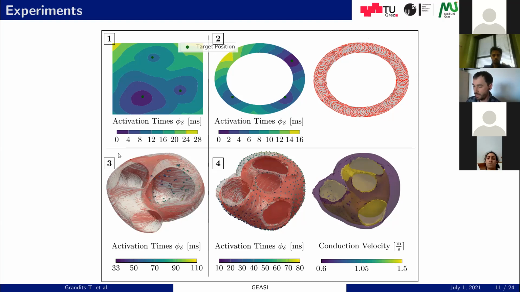Also, we have an in vivo experiment during catheter ablation therapy, where the measurements come from an electroanatomical map. And experiment number 4 is actually a lumped Purkinje formulation, together with some measurements on the epicardium, but this is fully in silico.